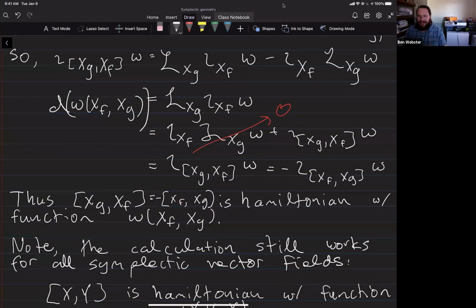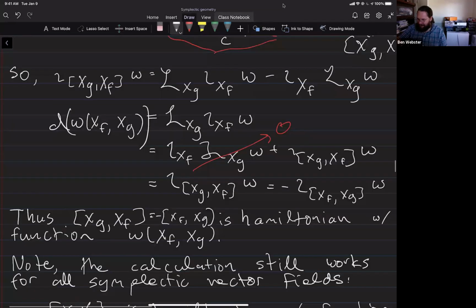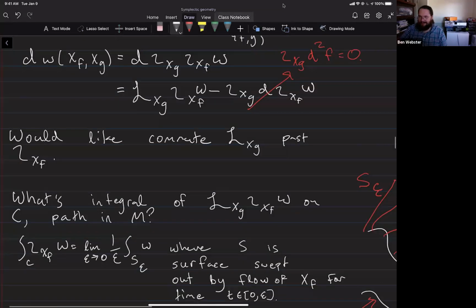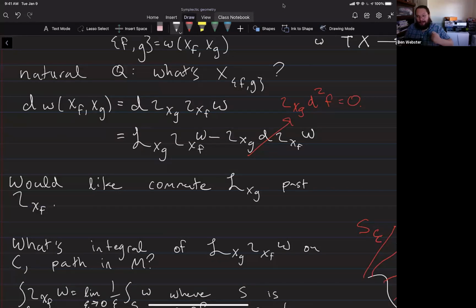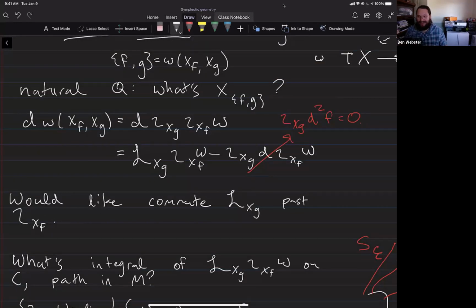Exactly what this whole proof lives on is the fact that the exterior derivative doesn't just commute past contraction like that. That's exactly what Cartan's magic formula tells you. So it's exactly here I said, I want to use the fact that omega is closed, and there's a contribution to this exterior derivative from d omega, but there are also some correction terms that have to do with how d commutes past contraction.